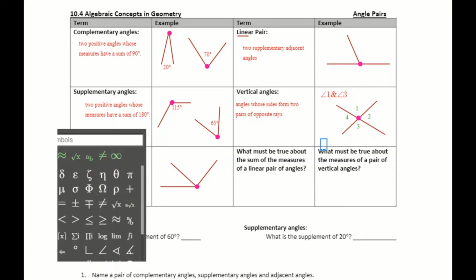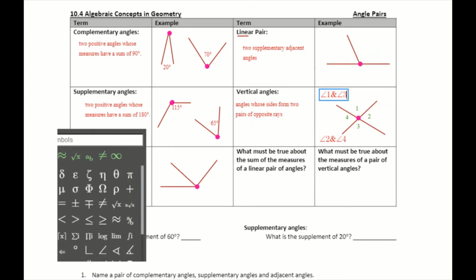Angle 2 and angle 4. Both of these are examples of vertical angles. So basically they're these opposite angles that you get when you cross two lines like this. And what's true about these vertical angles, which is what it's going to ask us down here, is that they're congruent.